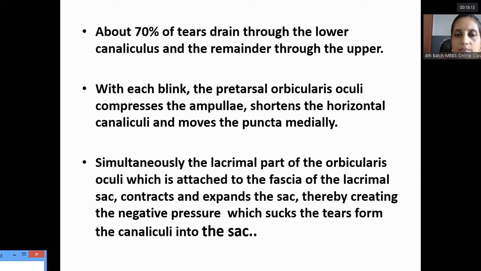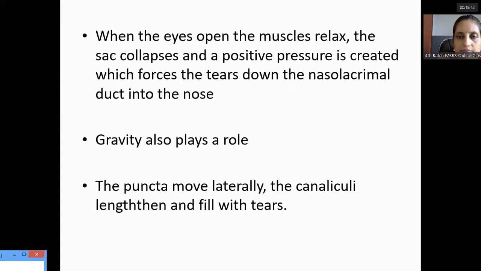At the same time, when the canaliculi contract, the ampulla and punctum move medially towards the globe to suck the tears. The lacrimal sac also expands, creating a space with negative pressure, and sucks the tear from the canaliculi into the sac.